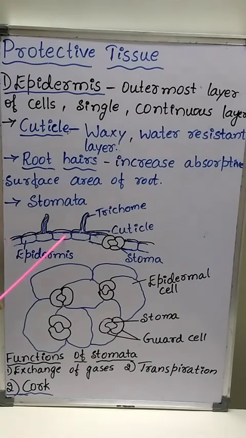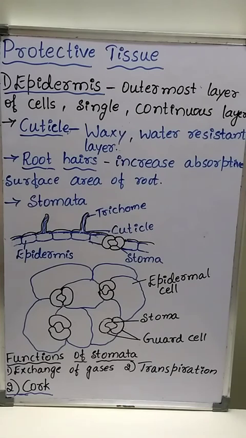This means the epidermis is the outermost covering. Next to the epidermis, the hypodermis or cortex is present. In stem or root, inner to the epidermis, the cortex is present. Some of the cells of the cortex divide and give rise to secondary meristematic tissue.